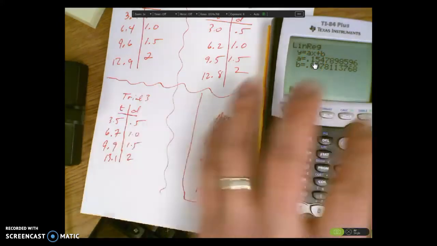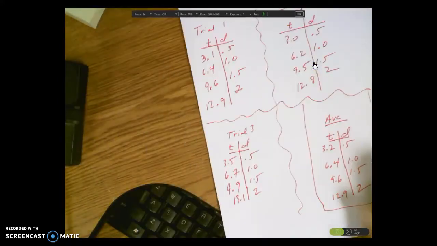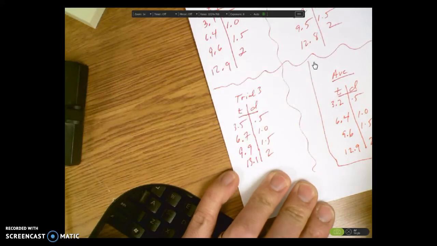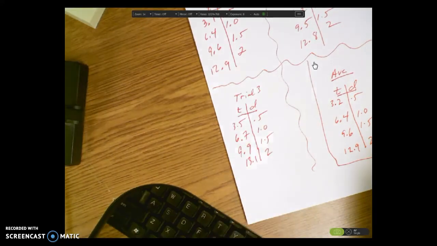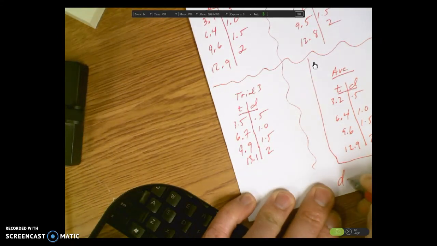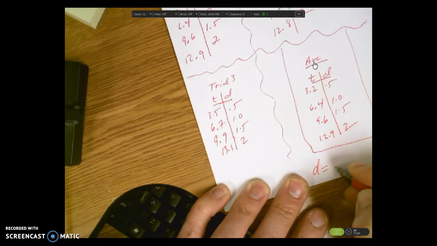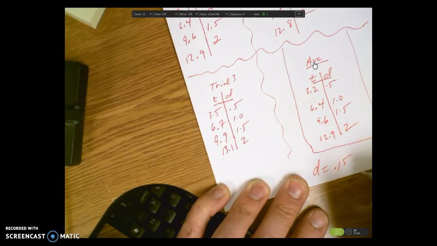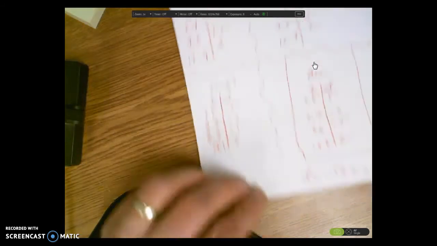All right. So what that means for me is that the equation is going to be distance equals, I'm just going to round to 2 decimal places, 0.15t plus 0.00, we'll call it 8. All right.